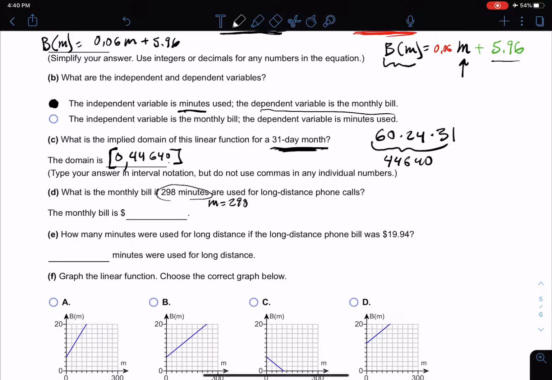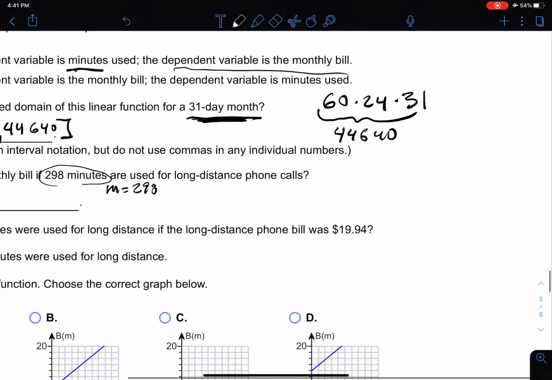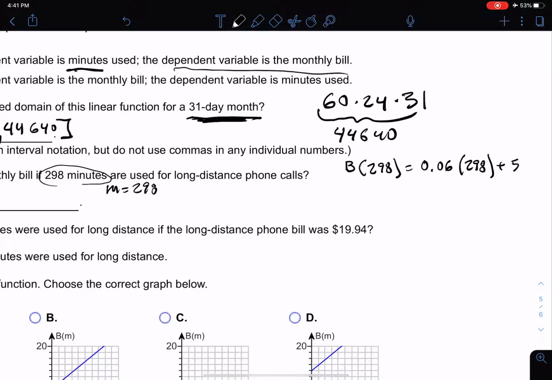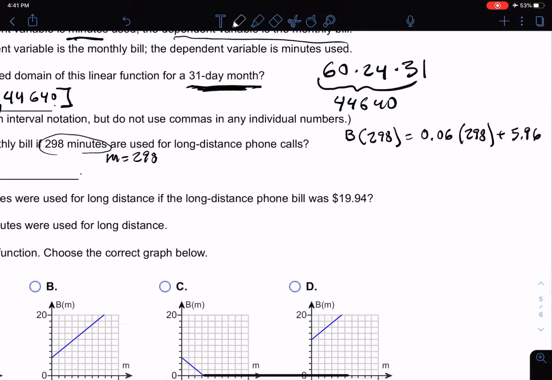So if we were going to actually solve this, I'm going to go to my formula. If I talk for 298 minutes, the bill is equal to, remember, 6 cents per minute of talking, which was 298, plus that flat fee that we had at the beginning, $5.96, right? Isn't that what we had up there? Yeah. Okay, so now all we have to do is solve it.